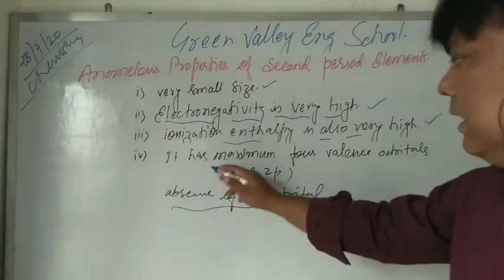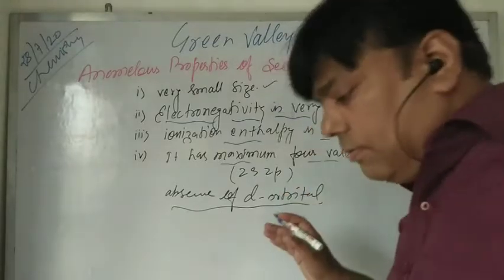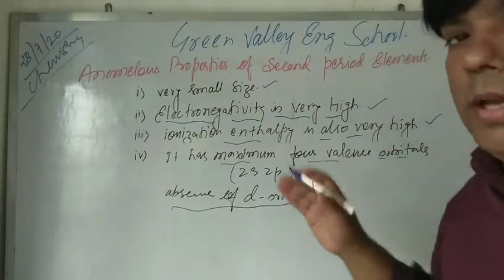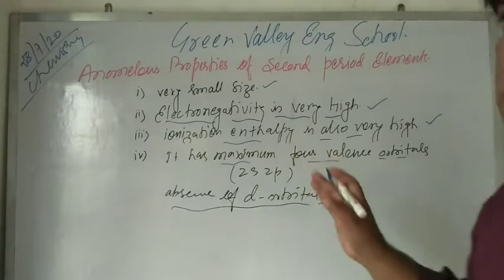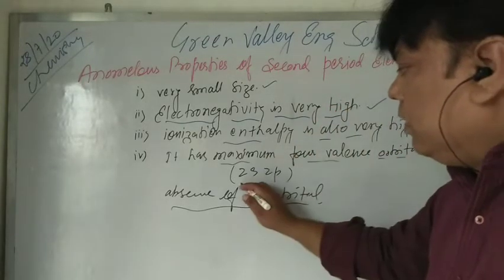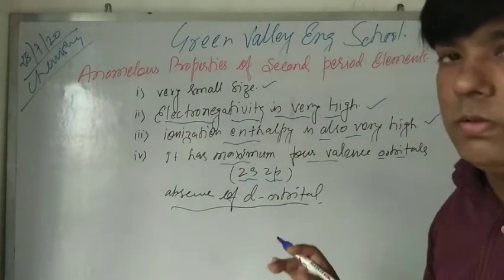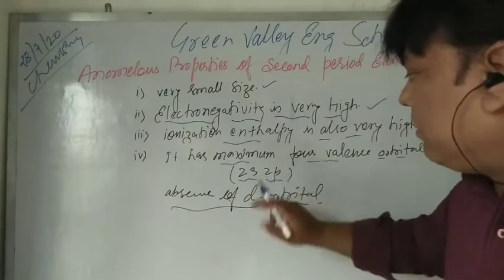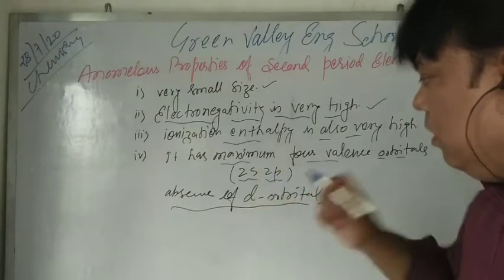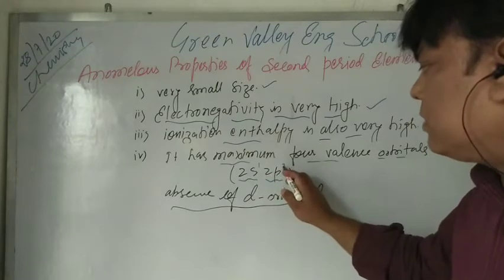And fourth is it has maximum 4 valence electrons. So for first member of any group, either it's 2s or 2p, or 2s and 2p also. So maximum electrons in case of s is 1, in case of p is 3.